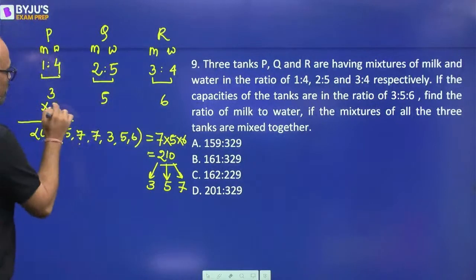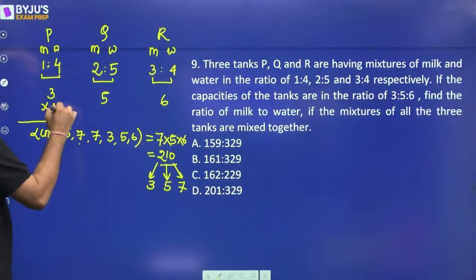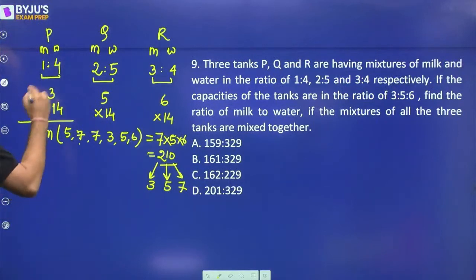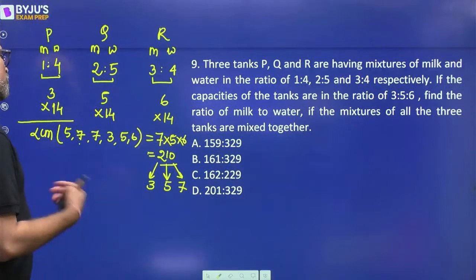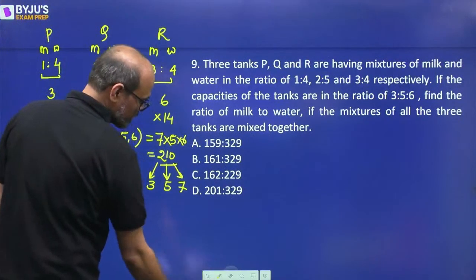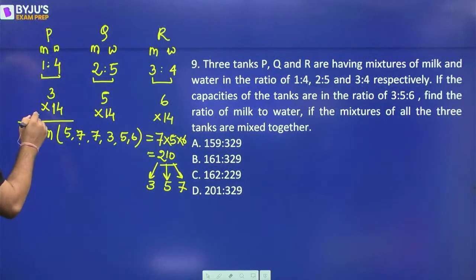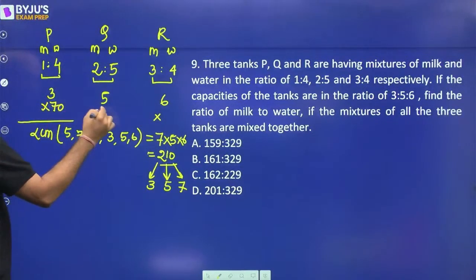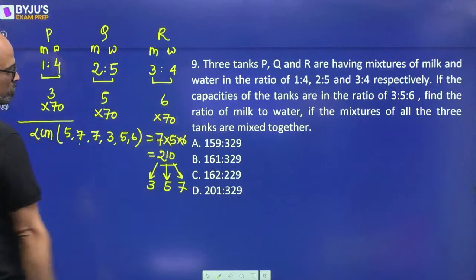Exactly what I was doing before. 14, 14, 14. 3 into 14 is going to give us 42 और वो 70 और वो 84, फिर एक 5 मिसिंग है. इससे मल्टीप्लाई कर ले, 70 से कर ले सबको, 70 कर लेते हैं.